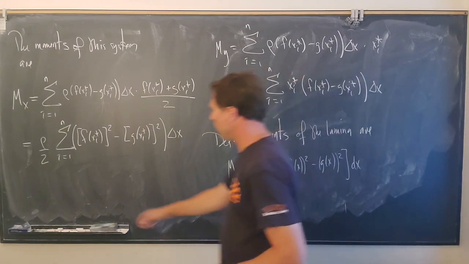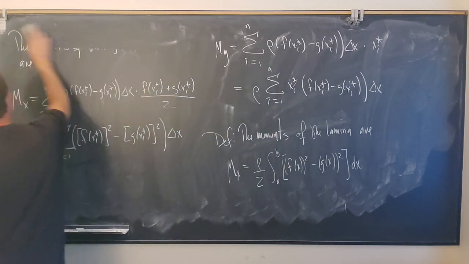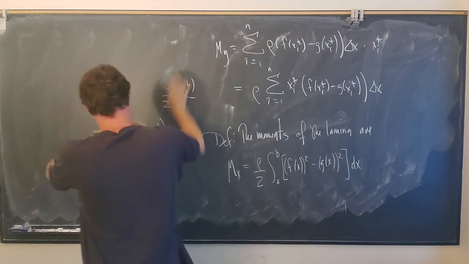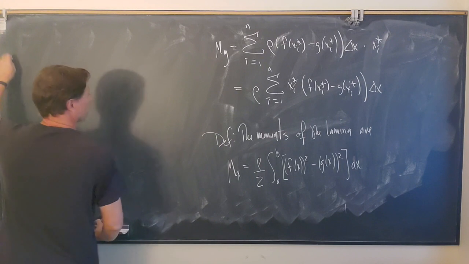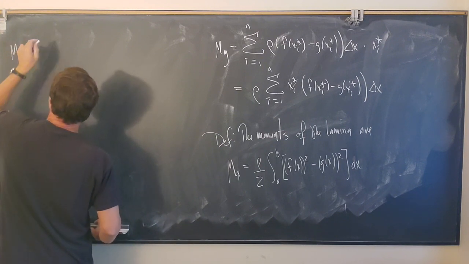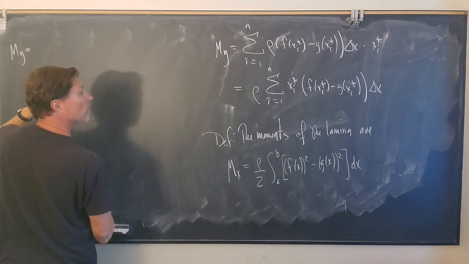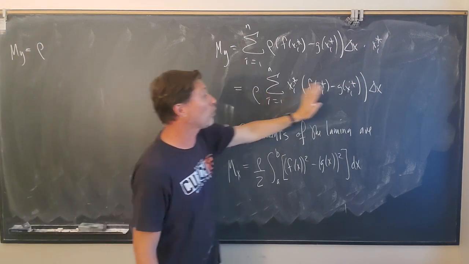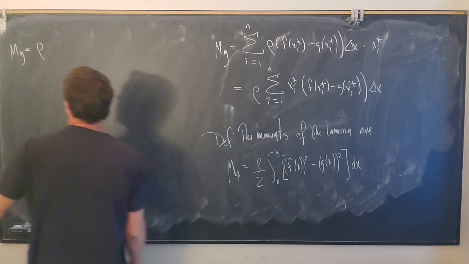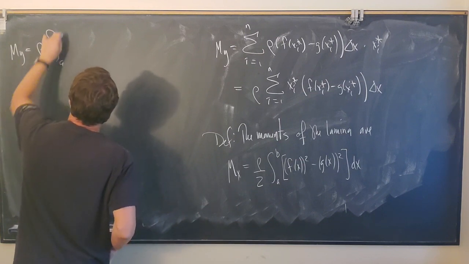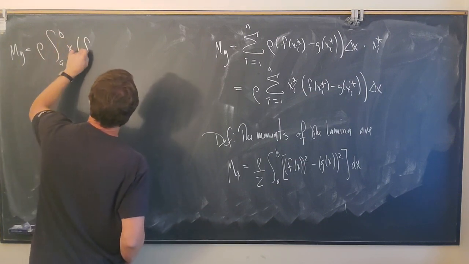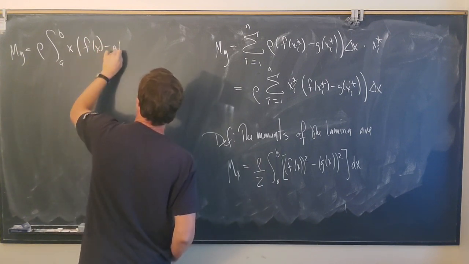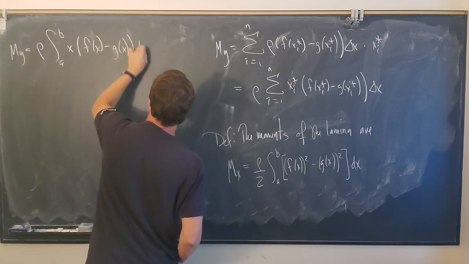The moment about the y-axis, m sub y, is equal to, once again, we let n go to infinity. We've got a Riemann sum here, and so it's going to be rho times the integral from a to b of x times f of x minus g of x dx.